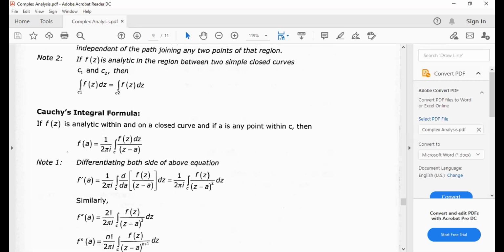If the denominator is squared, you have to find f dash of a, and 2 pi i into f dash of a by 1 factorial will be the required value. If it is z minus a whole cube, it will be 2 pi i into f double dash of a by 2 factorial. Like this it continues.